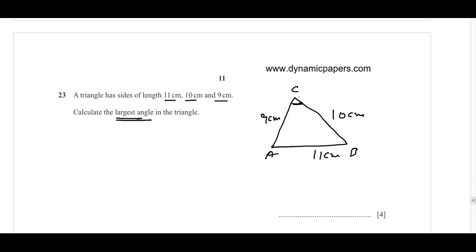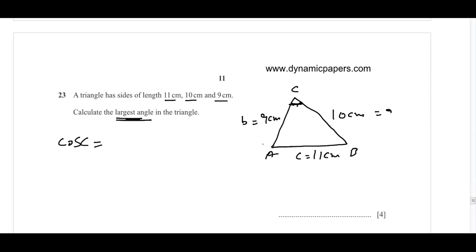When we have the three sides and we want to find the missing angle, we use the cosine rule. I need to use the formula for cos of C because we are looking for the largest angle, and the largest angle is opposite to the largest side. So the formula for cos of C will be what? Opposite to C is small c, this is small a, and this is small b.